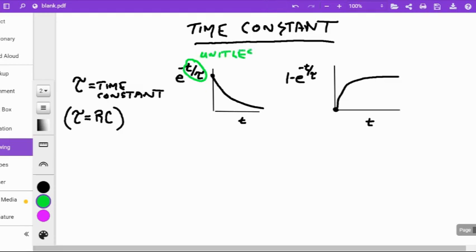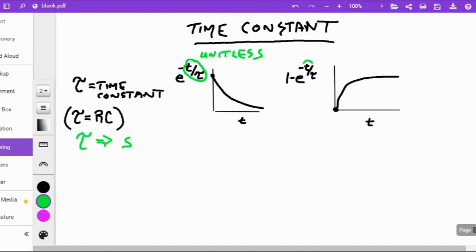Whenever you have an exponent in an equation in physics, there can't be any units with that. And so that tells you that the units for tau have to be seconds. That way, you don't end up with any units when you divide seconds by seconds.